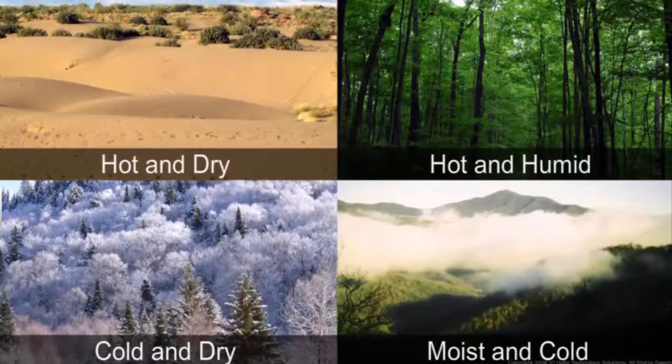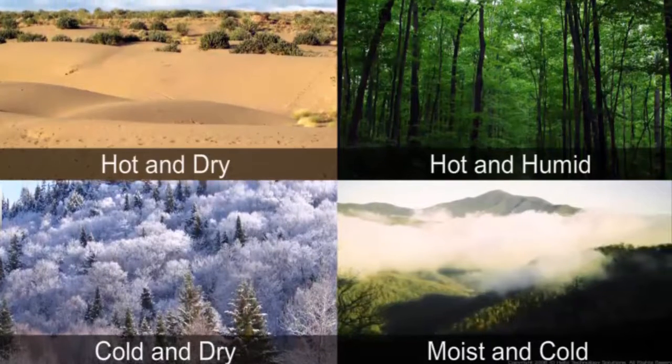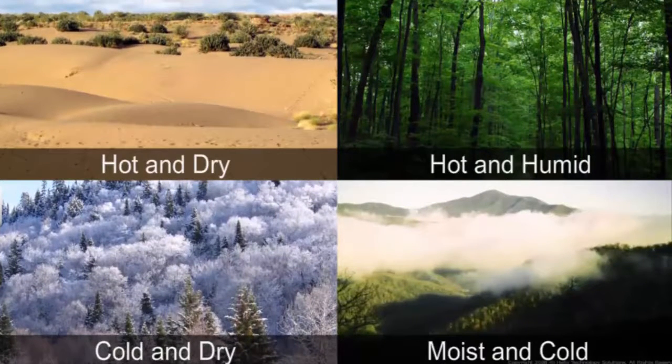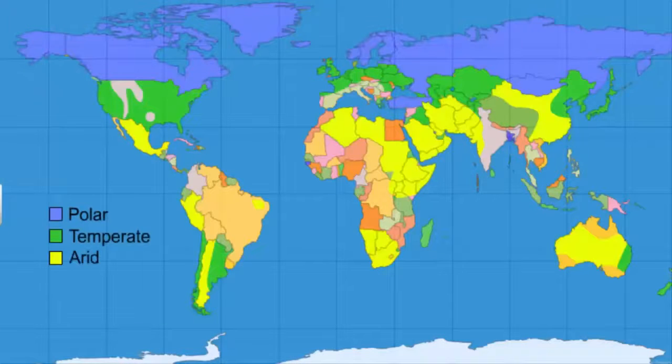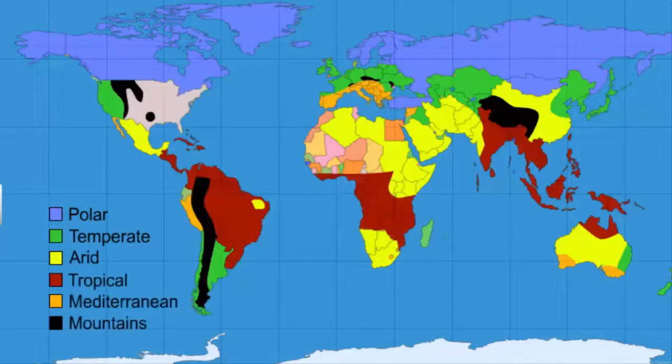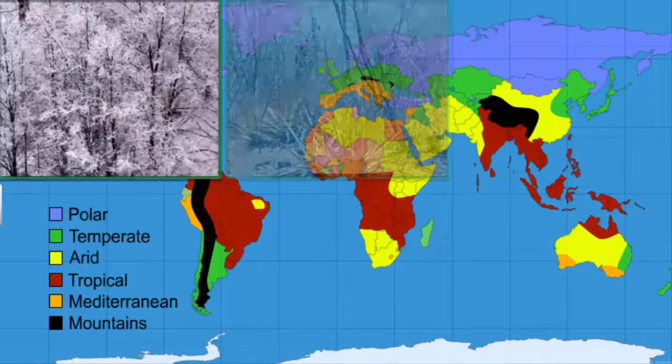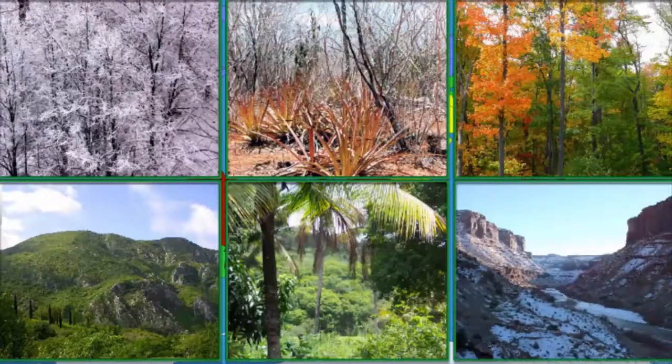Globally, vast differences can be seen in the climate of different parts of the world. Based on these differences, the world can be divided into a number of climatic regions. Each climatic region has its own characteristic vegetation and wildlife.